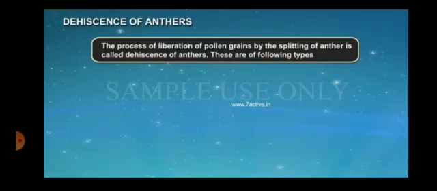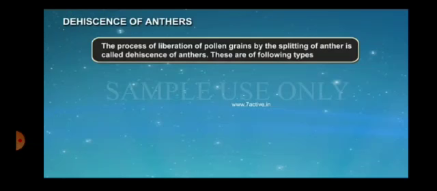So this statement is very clear to you, the liberation of pollen grains, as you know that pollen grains are set in the anther or anther chambers. So when anther gets burst or anther gets dehisced, the pollen grains get liberated. They may get free and get liberated. So dehiscence mechanism is different in different anthers.